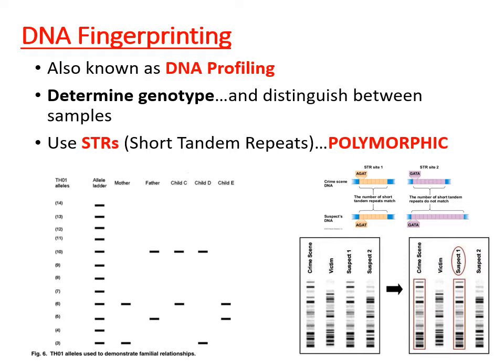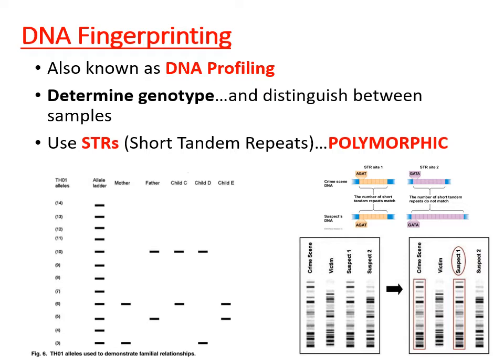Basically, what you're doing is you determine the genotype of a sample, such as a sample found at a crime scene, or such as a parent sample of DNA, and then you compare it with the DNA profile of other samples, such as various suspects or such as various children. And with this comparison, you then distinguish between samples, and you use this technique to cancel out who cannot be the criminal or who cannot be the parent in a paternity case.